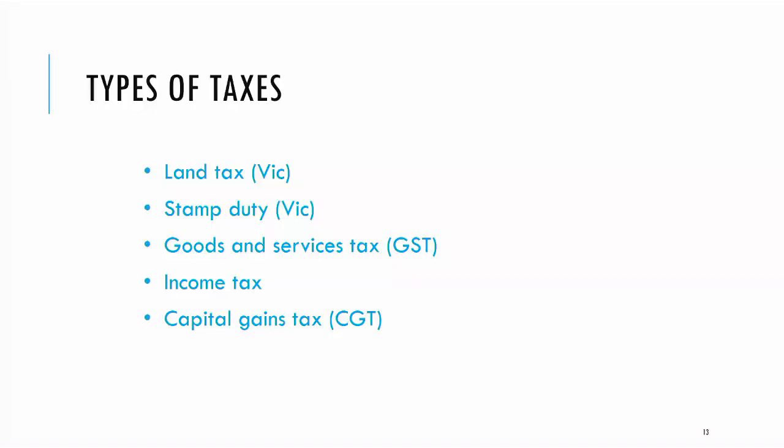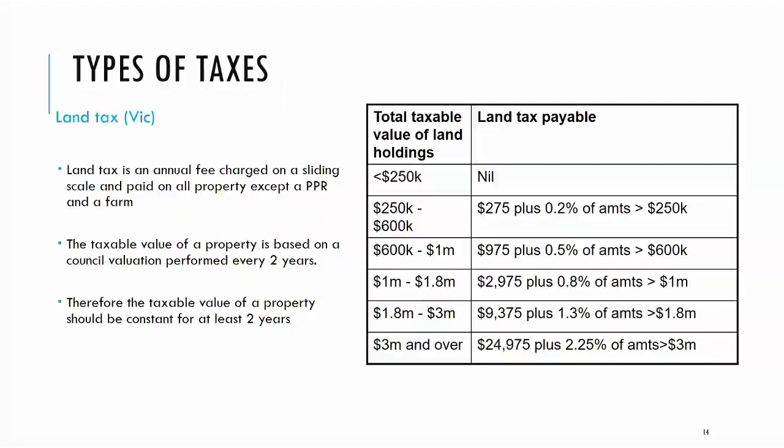Right, land tax. Land tax is an annual fee charged on a sliding scale and paid on a property except principal place of residence and a farm. Right. If you have an investment property, you have to pay land tax. But if you buy a house to live in, a place to live, you don't have to pay land tax.